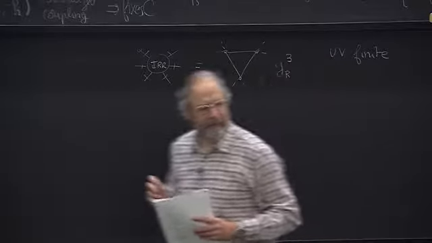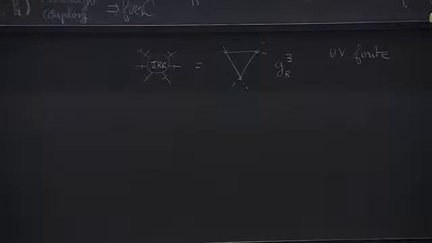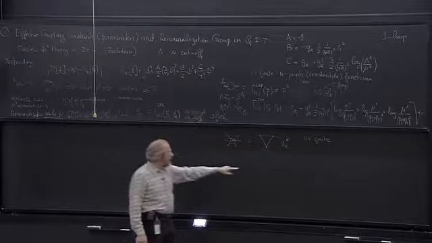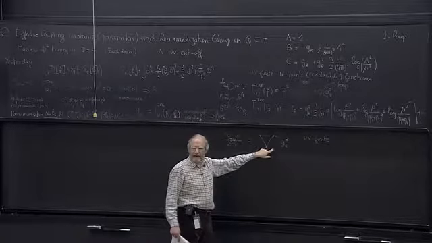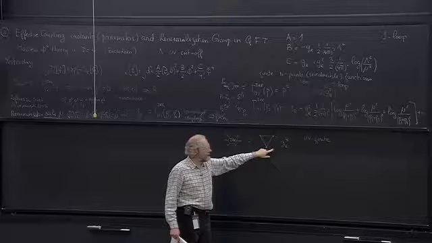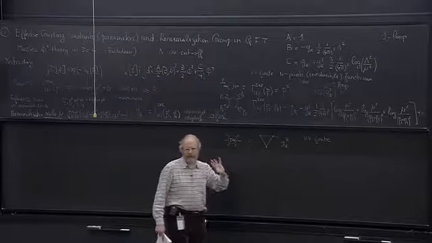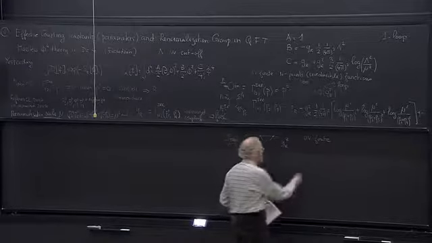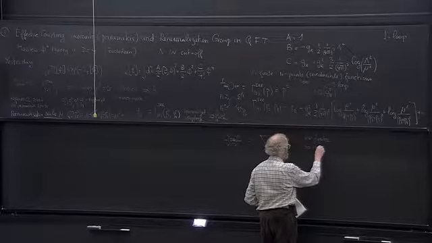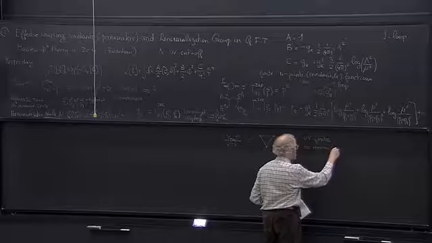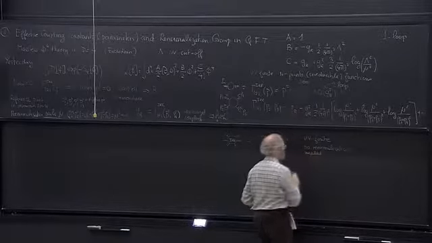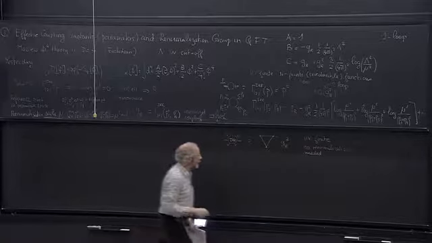In any case, there is no need to adjust some coefficient in the action to make it finite, because it's already ultraviolet finite just in the naive calculation. It doesn't require any renormalization at one loop.